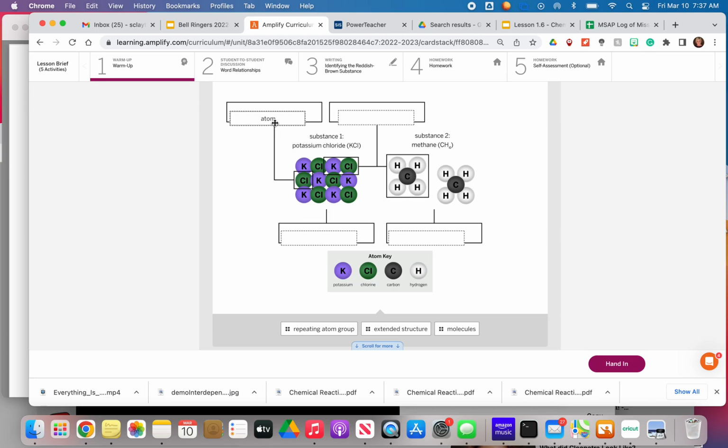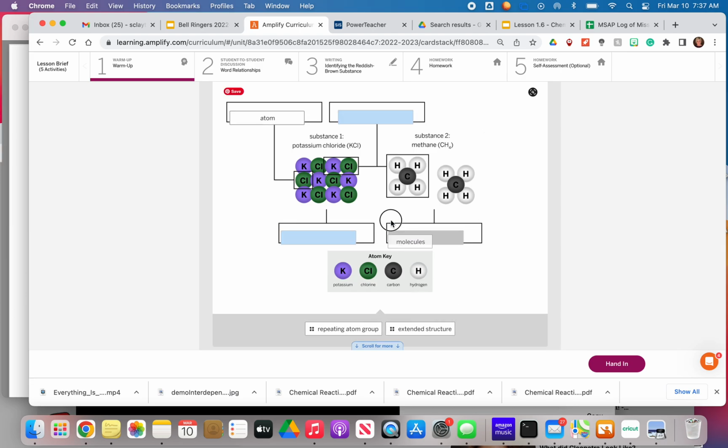The next thing you're looking at is showing two things. We're looking at the potassium chloride, so the K and the Cl, and then this methane, okay? Those are showing molecules.